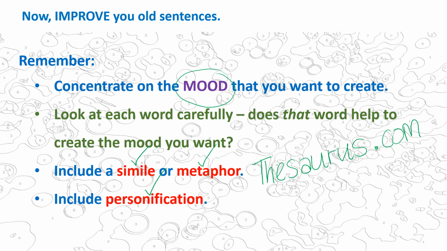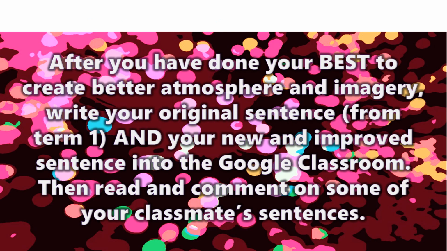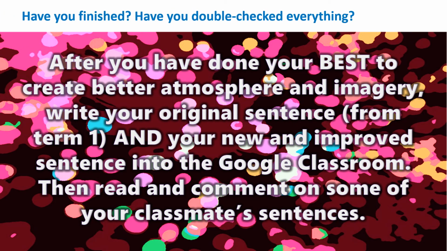Once you have created a really good one, then if you think you've done your best and you've checked it, make sure you've got your simile, make sure you've got your personification and an adverb and an adjective, yes, or more. Once you've done your best, I want you to go back to the post in Google Classroom where you found this link, and then write your original sentence, the one that you wrote right at the beginning of term 1.